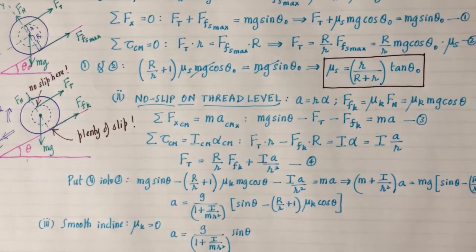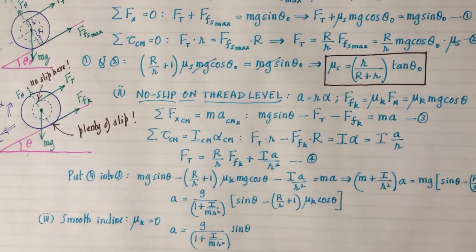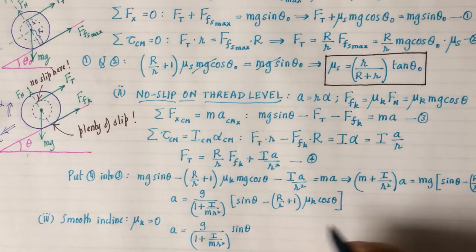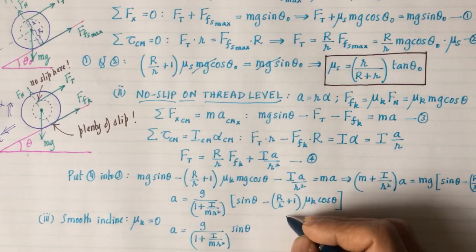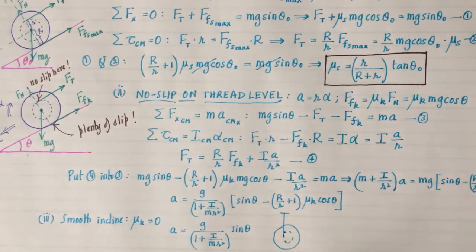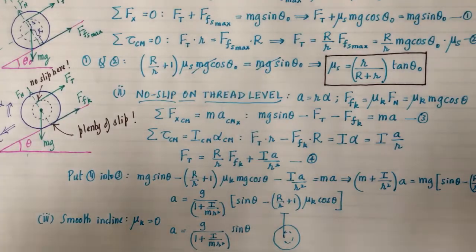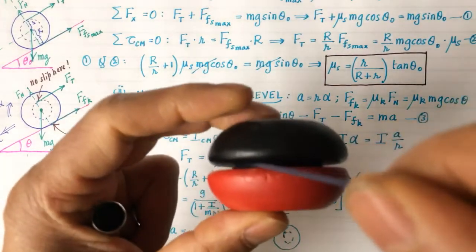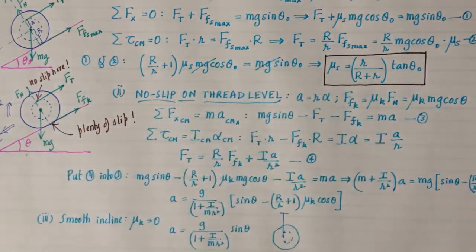Well, g sine theta is just reduced gravity. So you can imagine what happens when theta equals 90 degrees. When theta equals 90 degrees, you just have that. So that's just regular yo-yo play. Whenever you play with the yo-yo, you just let the string down and it goes straight down.